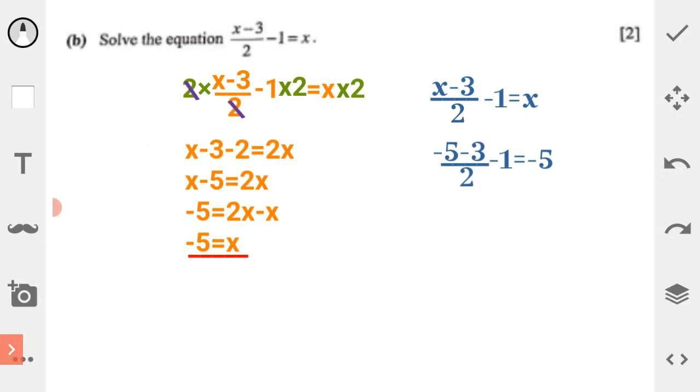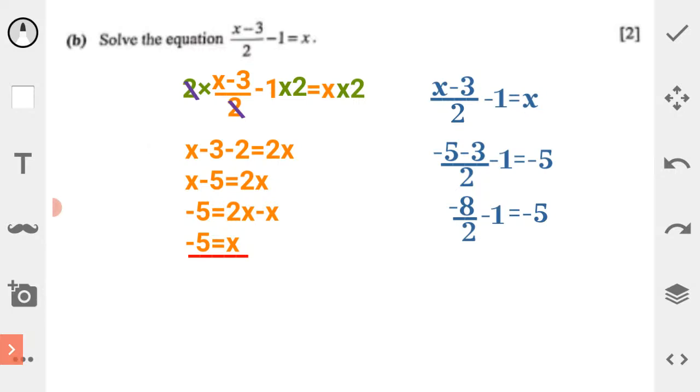Once we have done that, the next thing I'm going to do is simplify the fraction. I'll start by subtracting the top part, negative 5 minus 3, which gives me negative 8 over 2, minus 1, is equal to negative 5. Now I'm going to simplify this fraction.